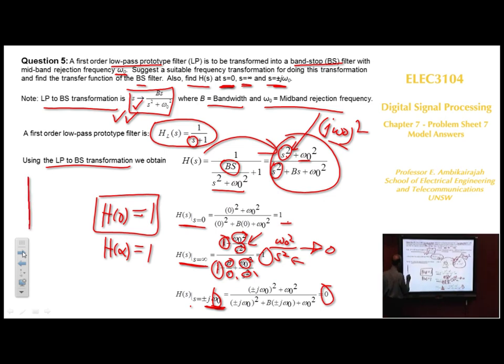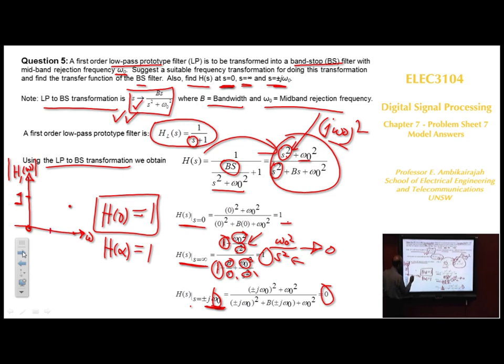If you really now draw the graph, that's omega, and that's H1 of omega. So at omega equals 0 it is 1. At omega infinity, I just take that position or something like that, that's also 1. Infinity means far away.